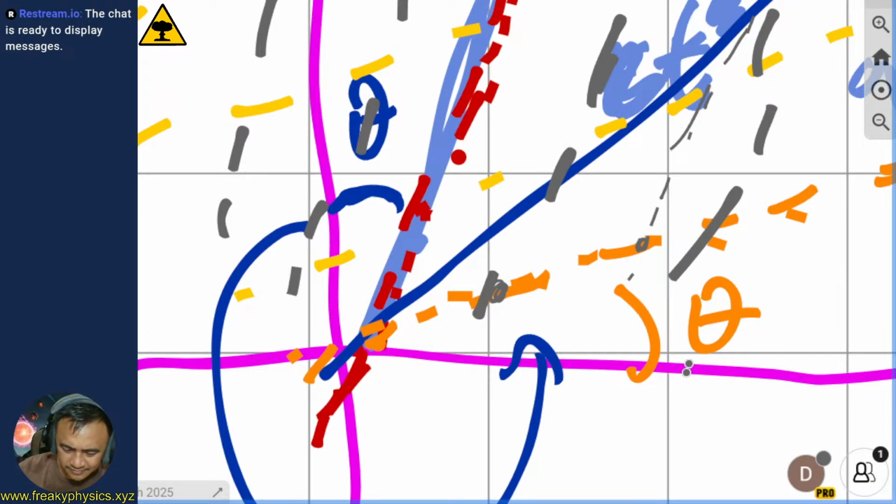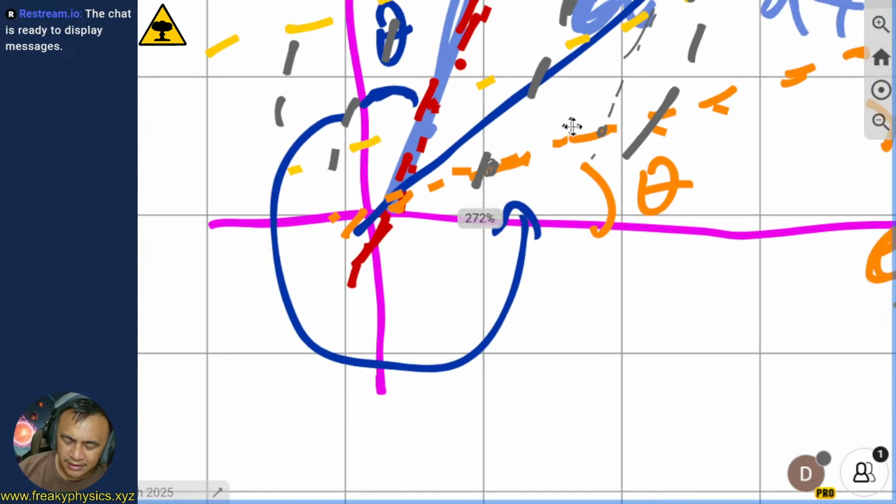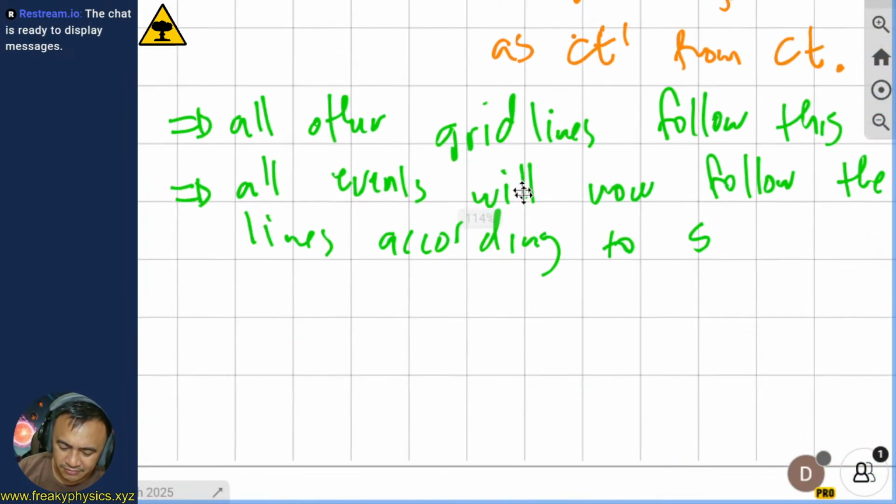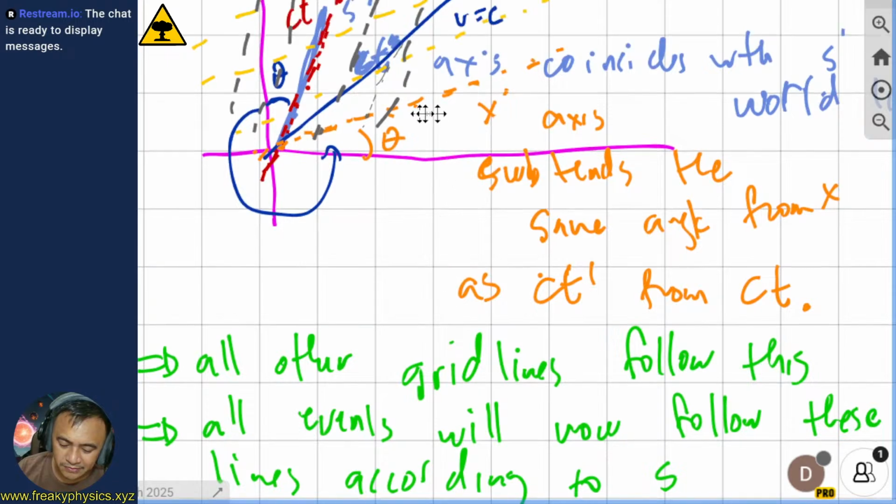How far apart do we draw the lines? It shouldn't really matter, because the way to do it properly is we still have to use the Lorentz factor to see how far apart those lines actually are.